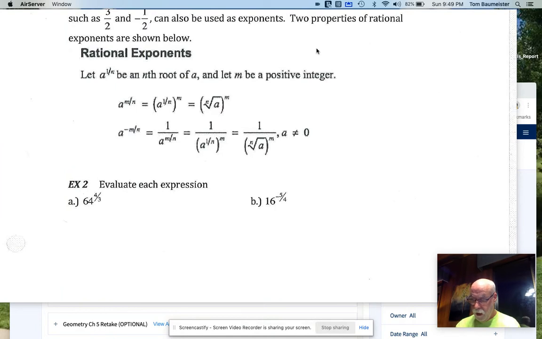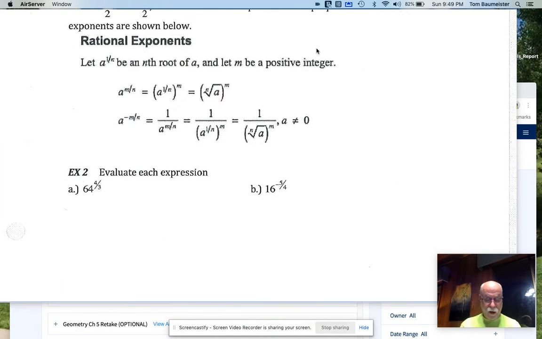All right, so we're going to evaluate each expression in example 2. The first one is 64 raised to the 4/3 power. I'm going to do it both ways for you: with the rational exponent form, and with the radical form, which is using the radical symbol.